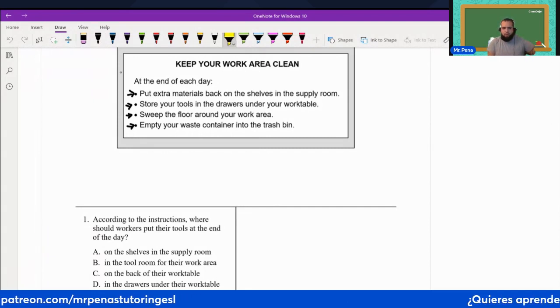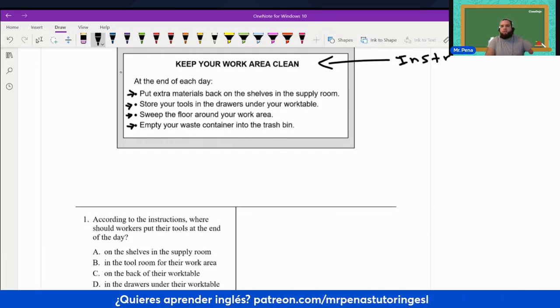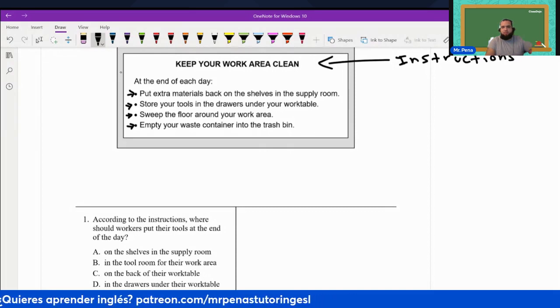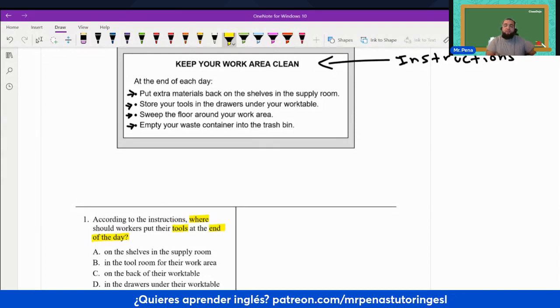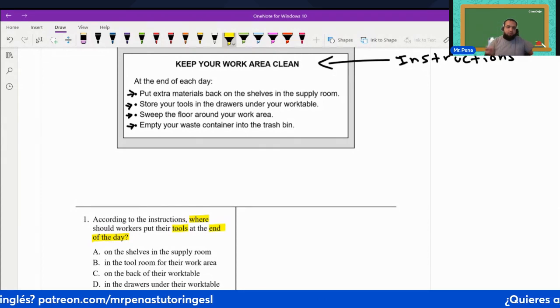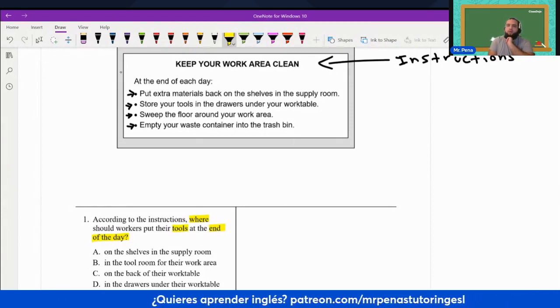Okay, these are instructions. This whole thing, we call them instructions. But the question says, where should workers put their tools at the end of the day? En el final del día, the end of the day. And their tools, we call it herramientas. So we're going to look for the word tools. It says store your tools. Okay.